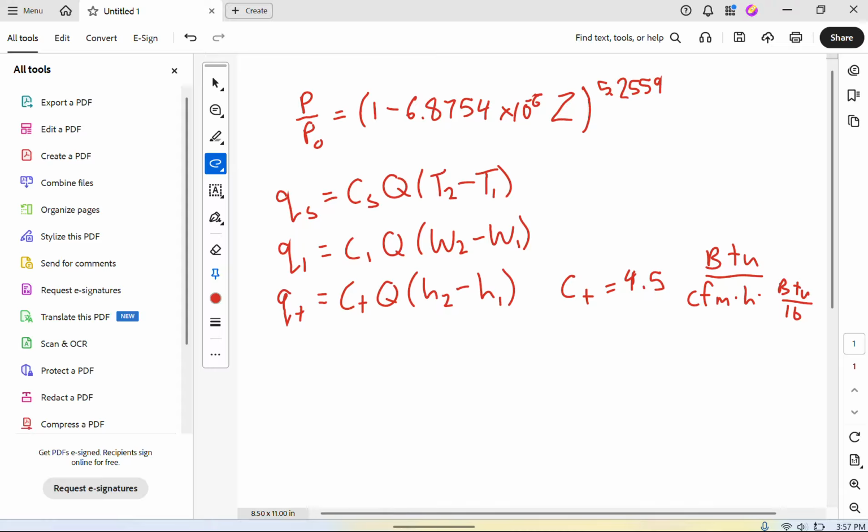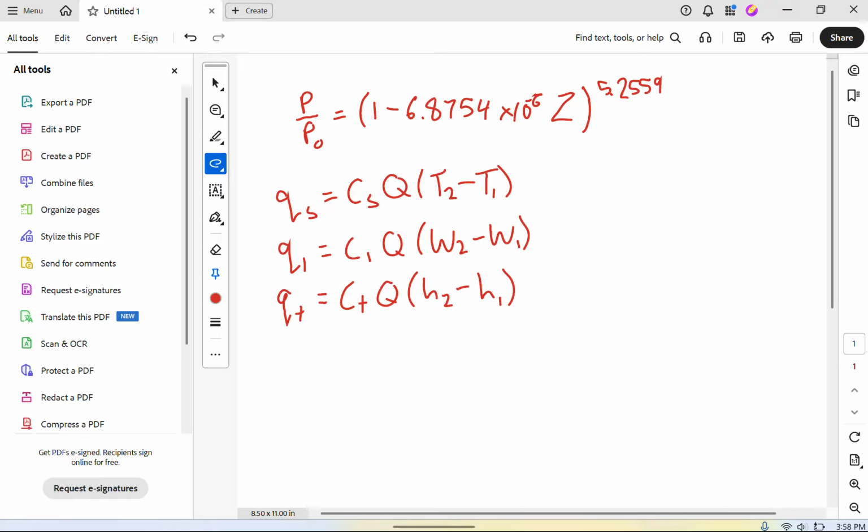And of course, the CT and CL values are subject to the same altitude adjustment that the CS value was subject to. So we have to adjust all three of these values for our altitude based on that equation we had from the start. And then these can be applied. So you could easily create a spreadsheet where you have all three values and plug in a simple Z value and get your resulting CS, CT, and CL constants for any process at that altitude.